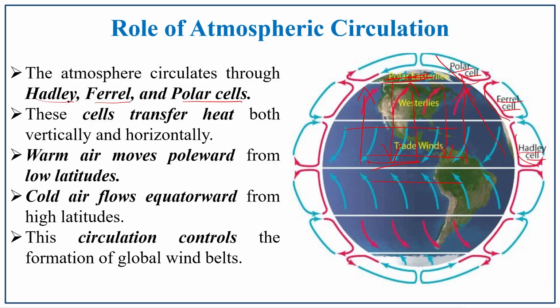So, this vice versa is happening in the latitudes. This circulation controls the formation of the global wind belts. Because of this the global wind belts have been created. So, this atmospheric circulation plays an important role in the transferring of temperature.